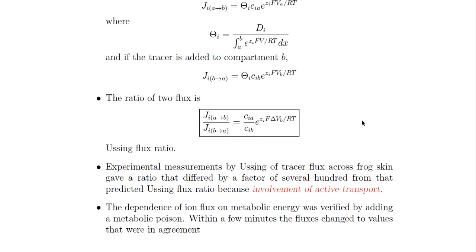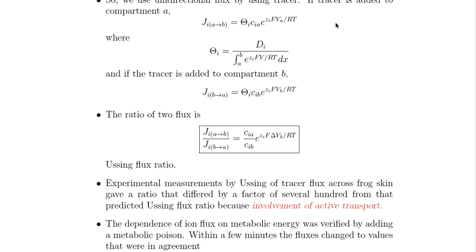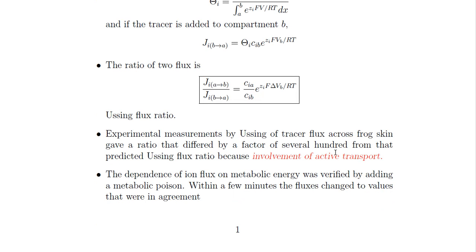Even though the tracer is moving to compartment B, if the ion is preferred to be in compartment A, it will be pumped back through active transport to compartment A. So there is involvement of active transport.